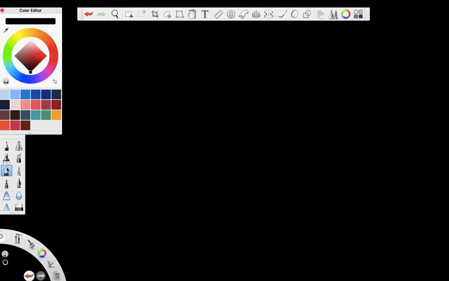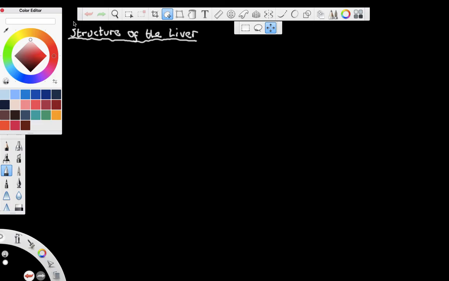So we've spoken about the functions of the liver. We now need to talk about the structure of the liver. And we can underline that.